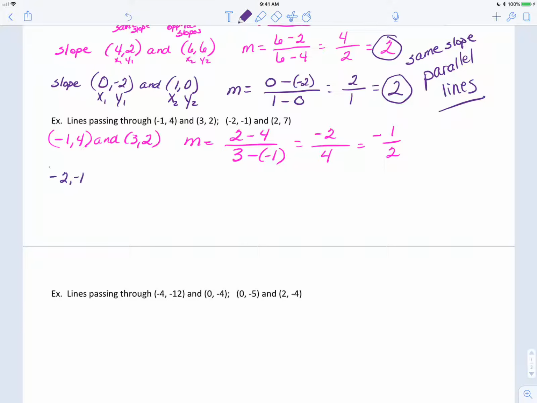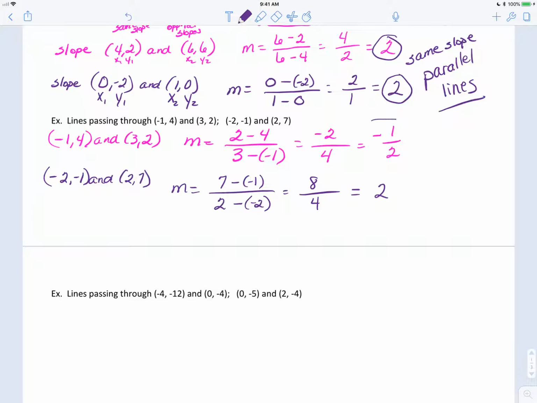Okay, let's take the second set of ordered pairs, -2, -1, and 2, 7. Figure out what that slope is. So 7 minus -1 over 2 minus -2. 7 minus -1 is 8. 2 minus -2 is 4. 8 divided by 4 is positive 2.